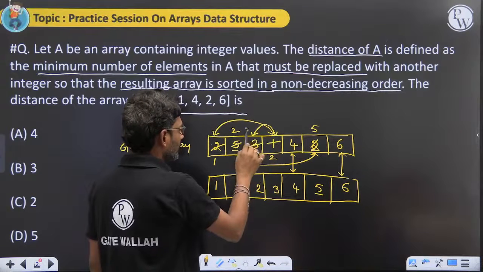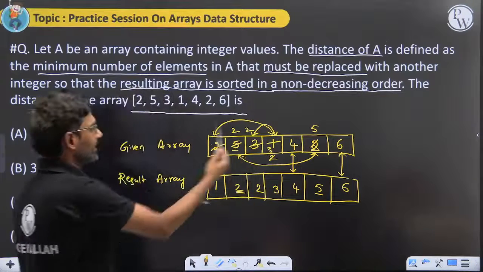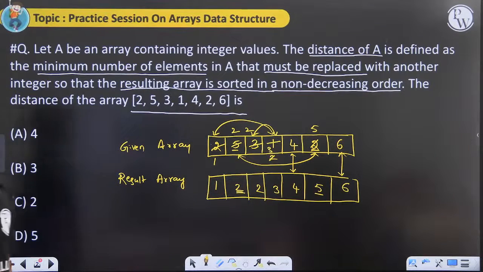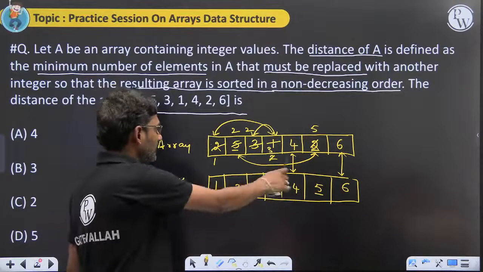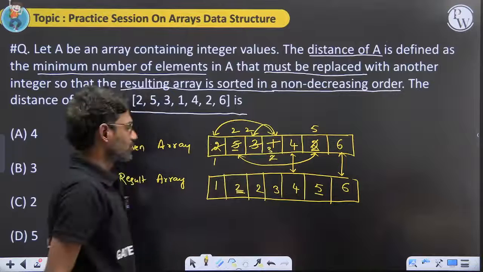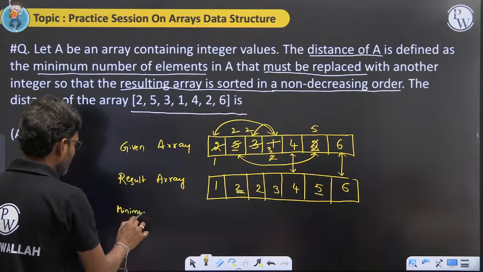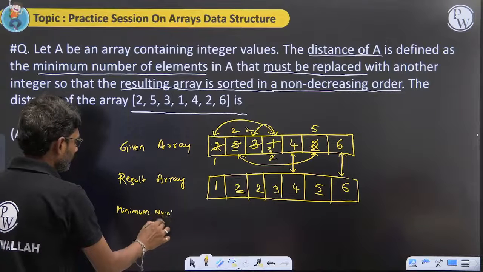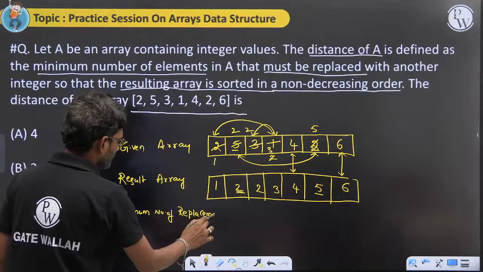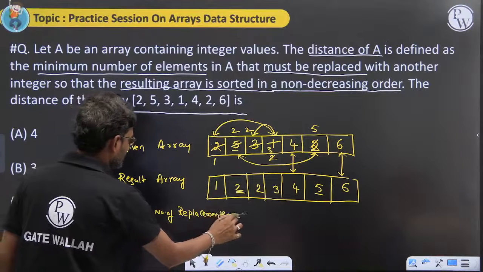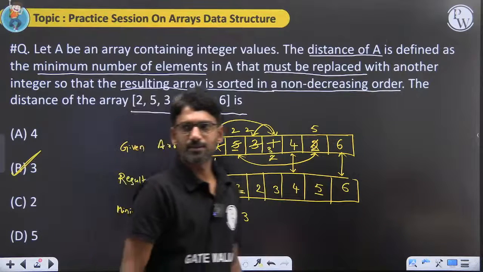So this would be 2, this would be 3. So the resultant array we got with how many interchanges? 3 interchanges. This is 1, this is 2 and this is 3. So the minimum number of replacements will be 3. Option B is the right answer for this.